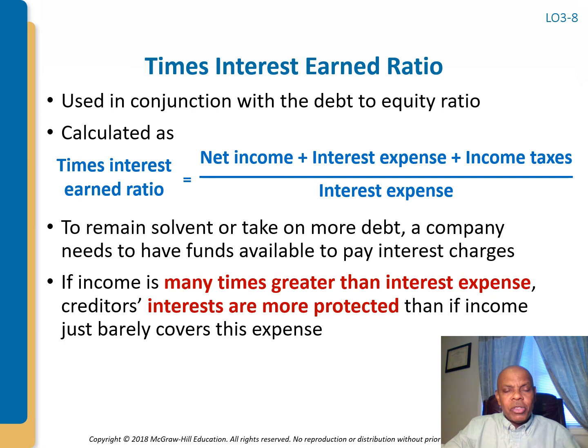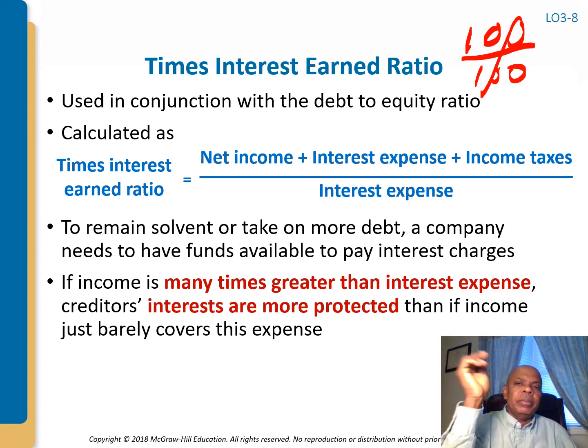So that's how much money you have to make. What is your total income? Suppose your net income plus interest expense and income taxes is 100, and your interest expense is 100. What do you have left? You got nothing, right? This might not be a good example, but let's take a look at some numbers.